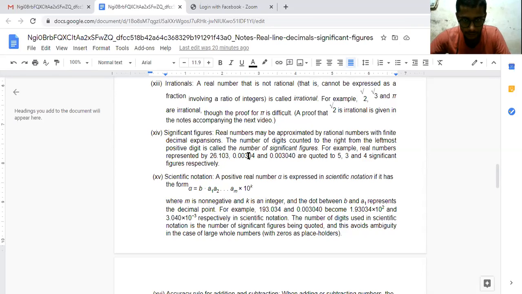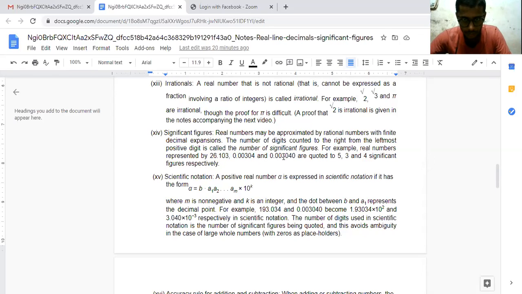So we take 3.03 as three significant figures, and 10 to the power minus 3 we don't take. So that is three significant figures in total. And this is 1, 2, 3, 4, so this is four significant figures.